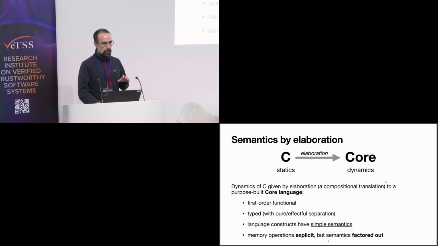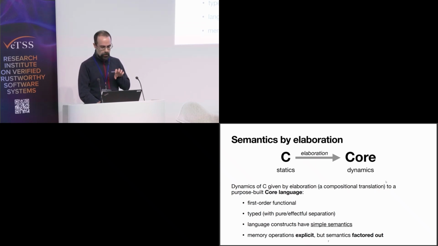To tame the complexity of the dynamics of C expressions that I mentioned earlier, I opted for semantics by elaboration, where the dynamics, instead of being directly described on the AST of C, is defined as a composition of an elaboration, which is a compositional translation of the C AST into a purpose-built language, which is much simpler and much easier to define a traditional operational semantics on, and the operational semantics of this language.